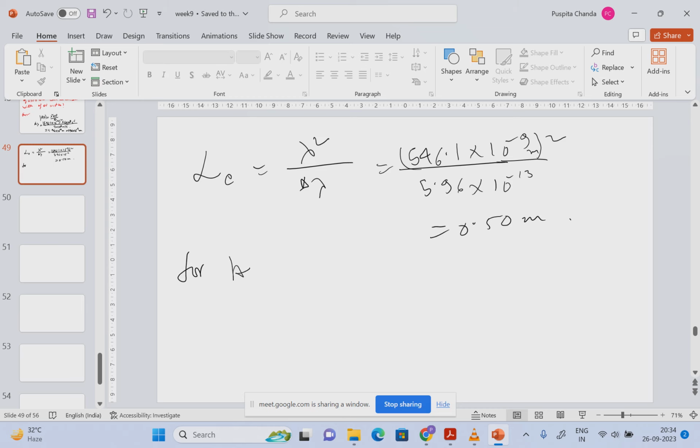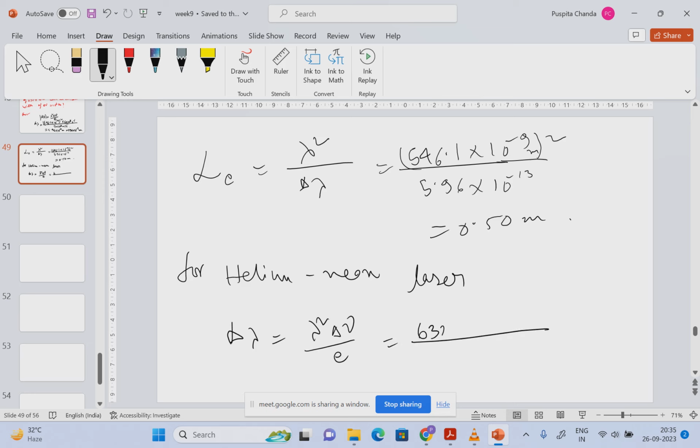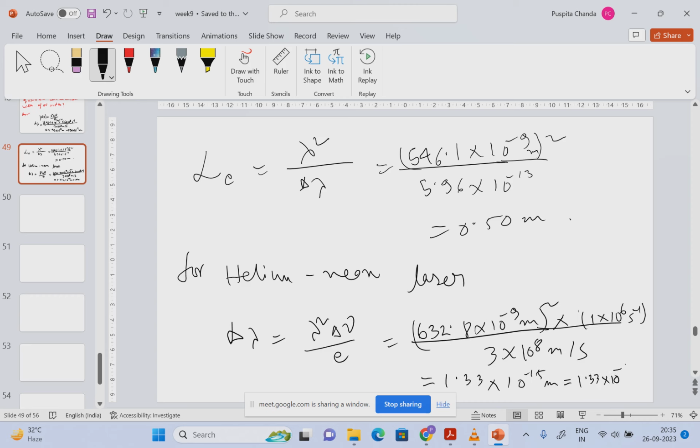For helium neon laser, delta lambda is again lambda square delta mu by c, which is 632.8 into 10 to the power minus 9 meters square into 1 into 10 to the power 6 second inverse over 3 into 10 to the power 8 meter per second, equal to 1.33 into 10 to the power minus 15 meter, or 1.33 into 10 to the power minus 6 nanometer.